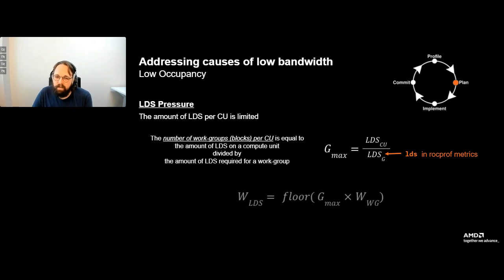Then, if you take the number of threads per block and divide by 64, that'll tell you how many wavefronts per work group, and so how many wavefronts the compute unit can support for that kernel if you're using shared memory.